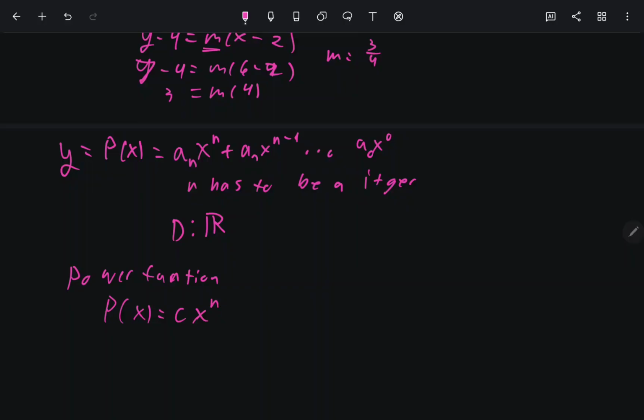Power functions have to have n as a positive integer, and really they have all the same properties as a normal polynomial.